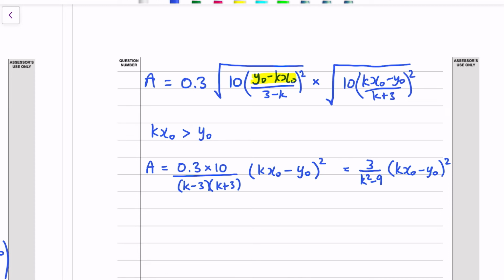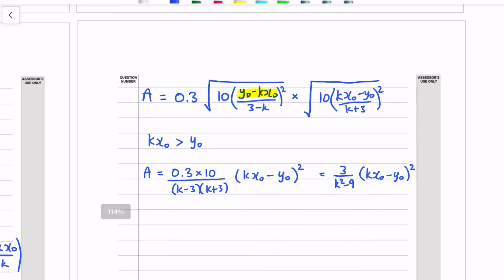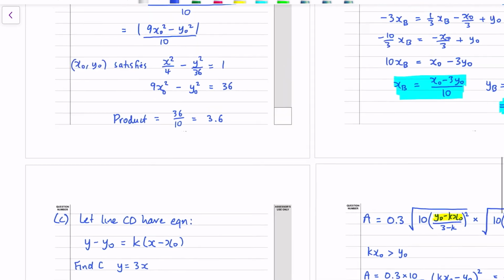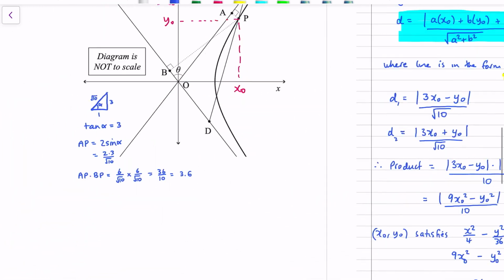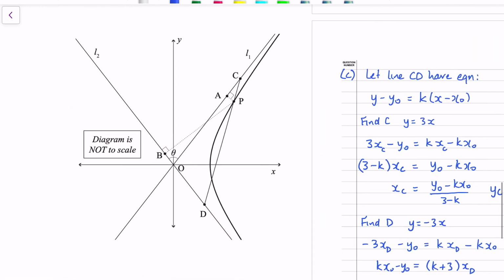Now, what I did on my first attempt at solving this is I tried to bring in lambda. And the way I did it is, where's my diagram? I found the distance DP, because I've already found the coordinate D in terms of x0, y0, and the coordinate P, x0, y0. Then I found the distance CP, and set one to be lambda times the other.